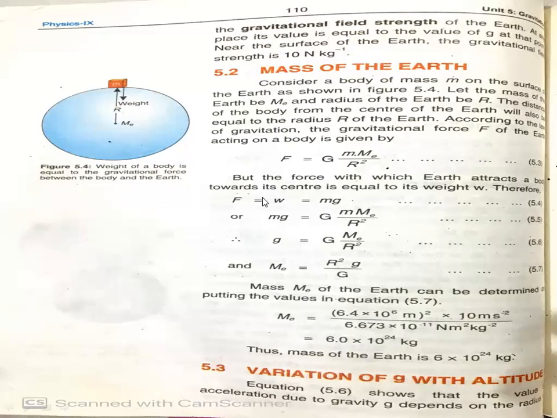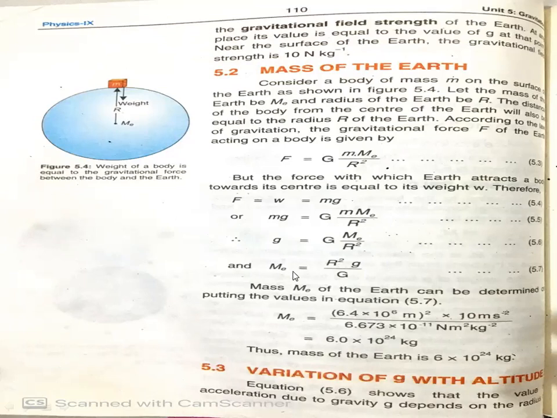Now we know that F = W and W = mg. So I substitute F = mg: mg = G m M_E / r². This m will cancel with this m. What is left? g = G M_E / r².